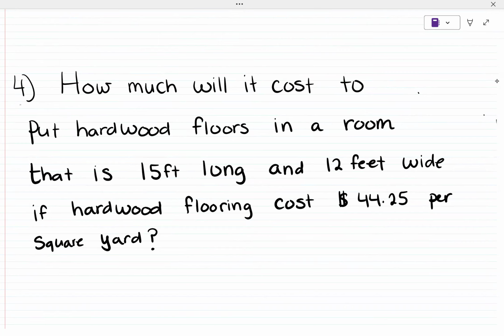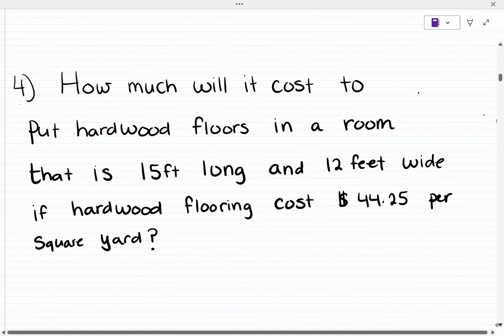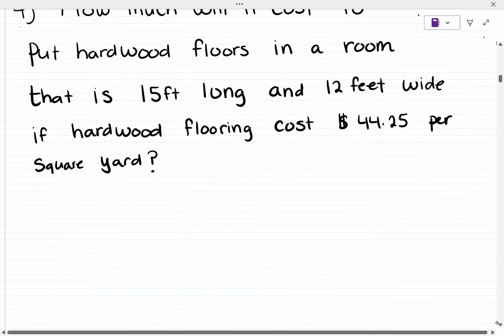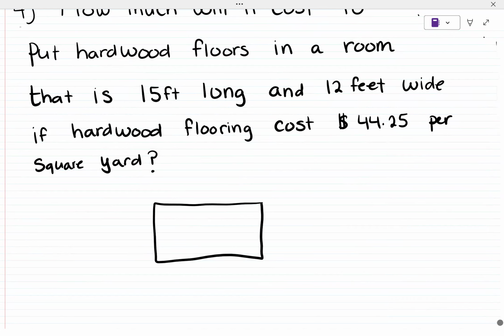Okay, question 4 says, how much will it cost to put hardwood floors in a room that is 15 feet long and 12 feet wide if the hardwood floors cost $44.25 per square yard? So imagine you have this rectangular room, right?